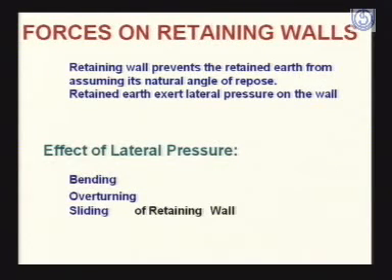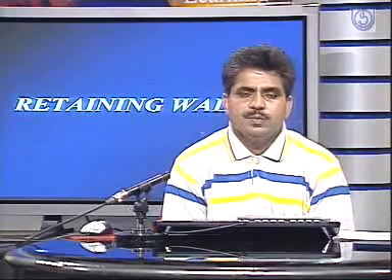If you leave the earth or loose material without giving any support, the tendency of this material is to go to its natural slope, its natural angle of repose, and then it will become stable.